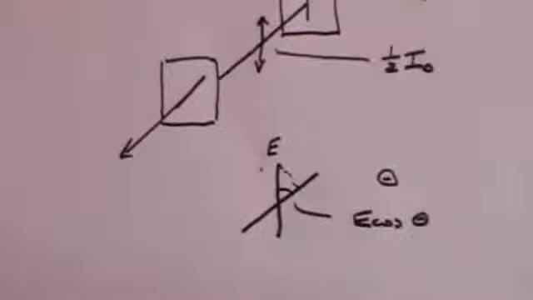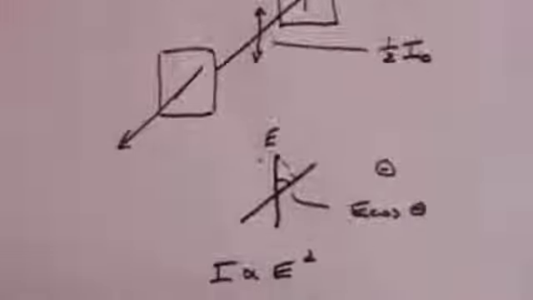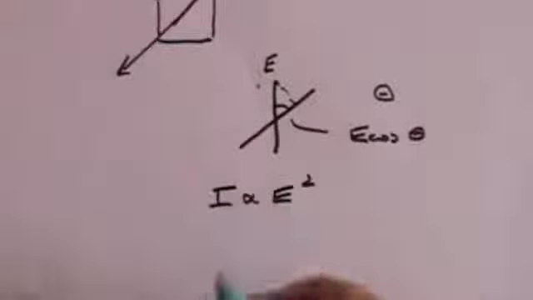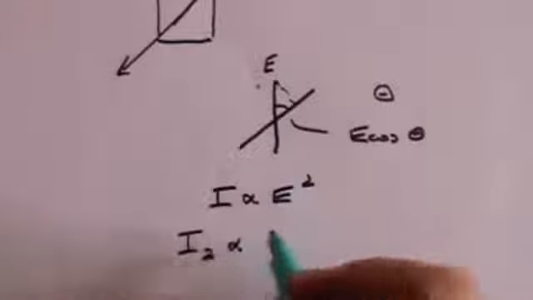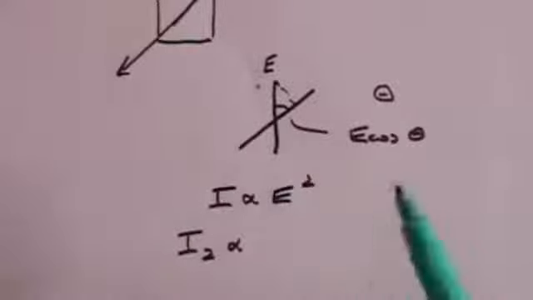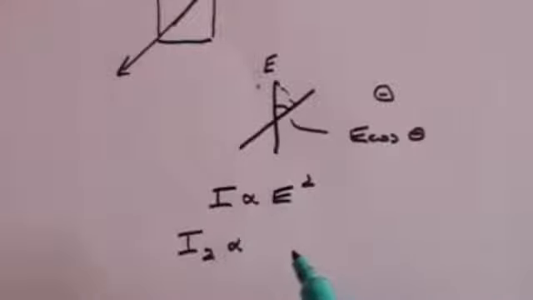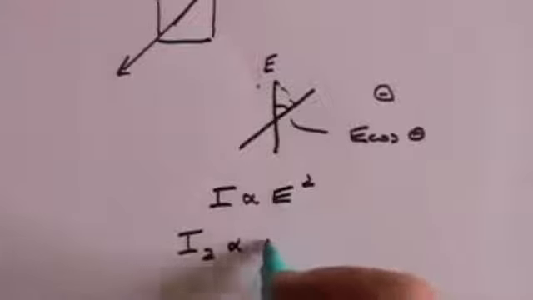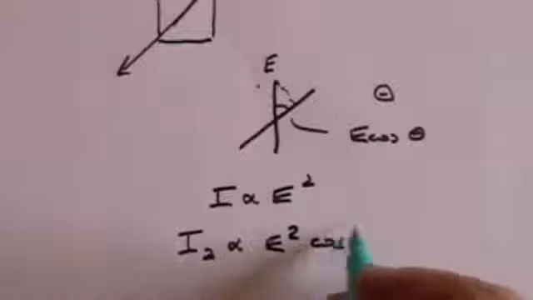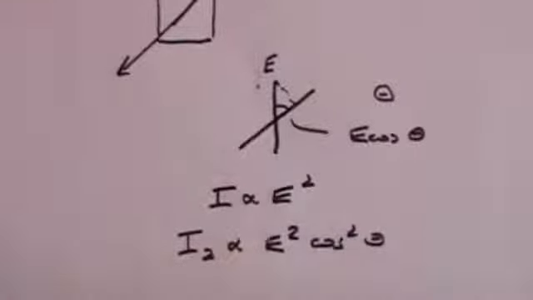So consequently, the intensity, which you remember is proportional to E squared, means that the intensity of the light that goes through the second polarizer, I'll call that I2, is going to be proportional to the intensity of the light before it goes through the polarizer, and consequently it's going to be proportional to E squared cosine squared theta.